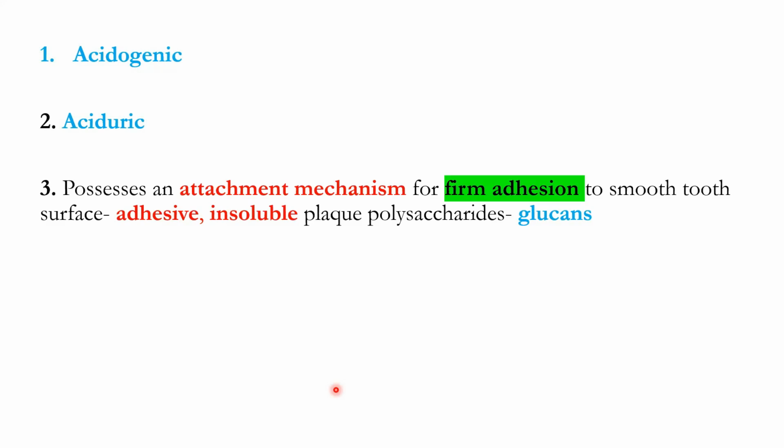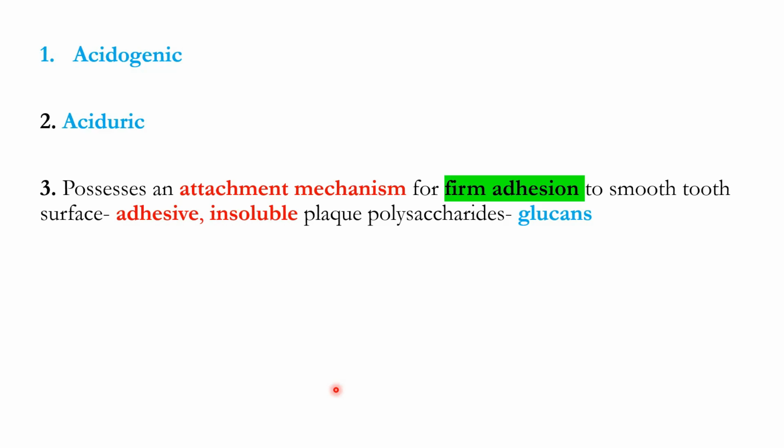It has to have an adhesive, insoluble polysaccharide called glucan. This helps in attachment of the bacteria to the smooth surfaces of the tooth, so these organisms should be able to produce these kinds of polysaccharides.